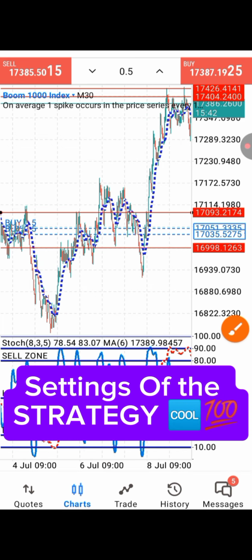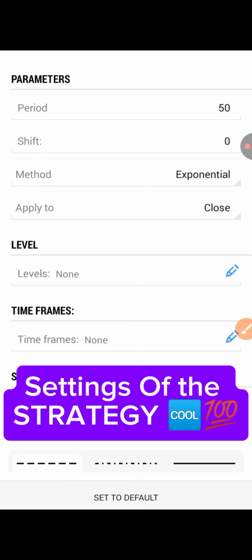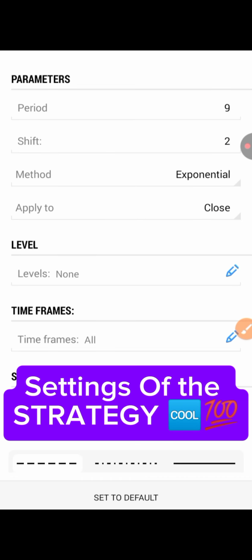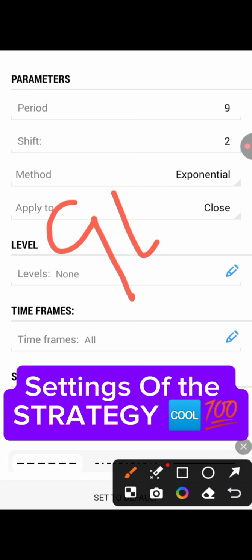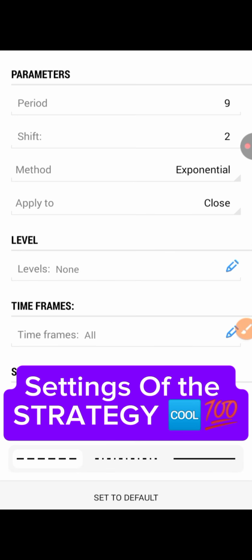So now look at it. For the settings on the main chart, we have the moving average. For this other moving average, forget about it. That's why I even hid it. It's not included in this strategy. The only moving average we have is the 9 EMA, the 9 exponential moving average, with shift 0, method exponential, applied to close, and it can be displayed on all time frames.